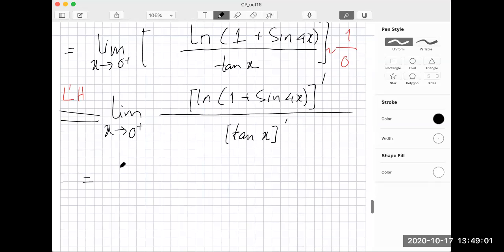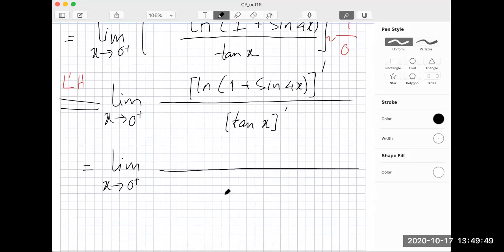So what is the derivative of natural log of 1 plus sine of 4x here? Anyone help me?